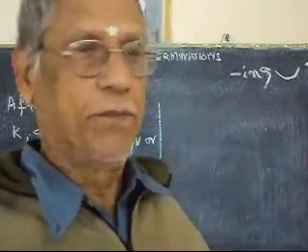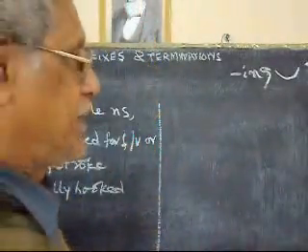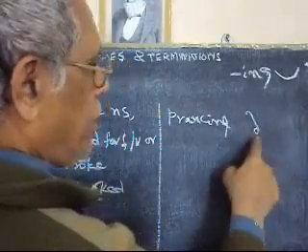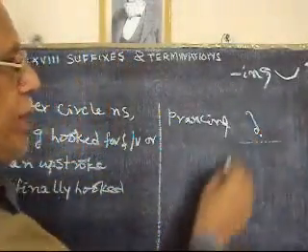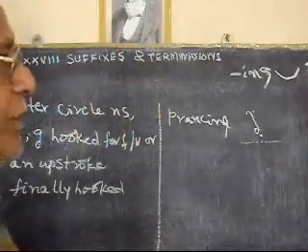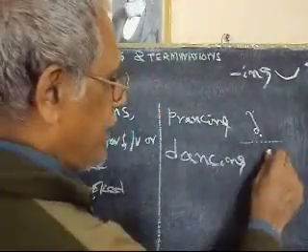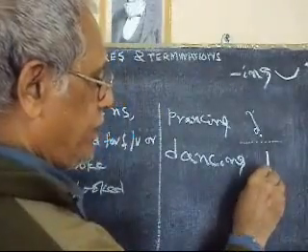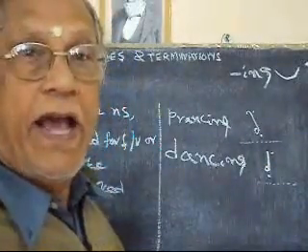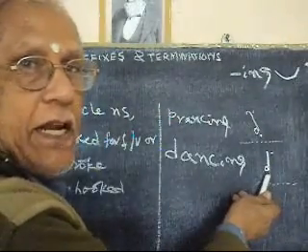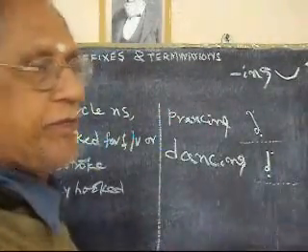Let us see the examples. Prancing. Then you can put the vowel. Dancing. So after circle S, dotting can be used.